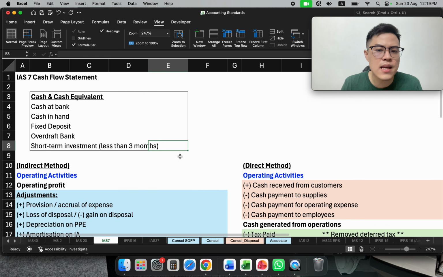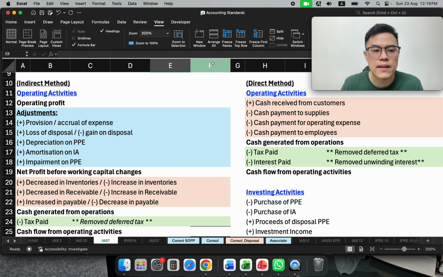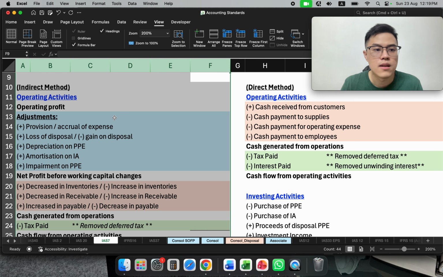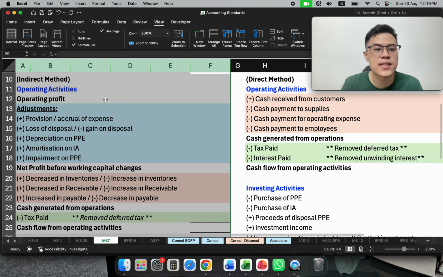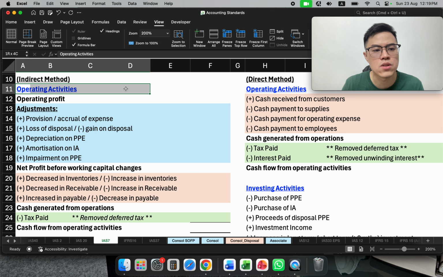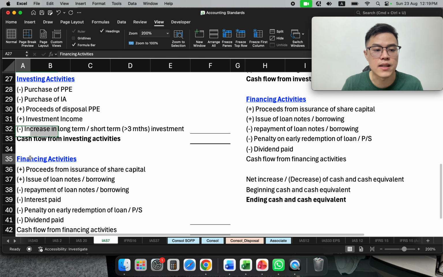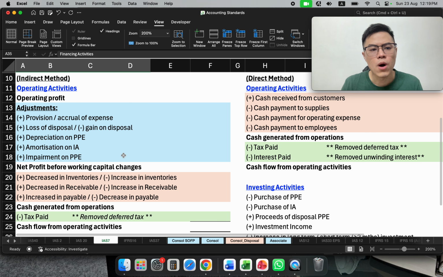Over IAS 7 cash flow statement, we have two types of method. Let's look at the left hand side. We have the indirect method, and in this cash flow statement we always talk about three categories: operating, investing, and financing. Operating is technically all the routine business activities, the receipts and payments in our normal business operations.